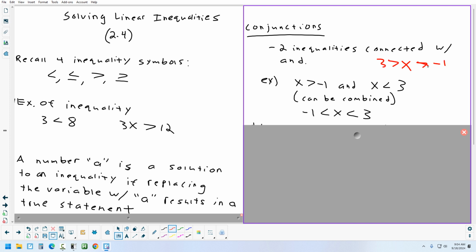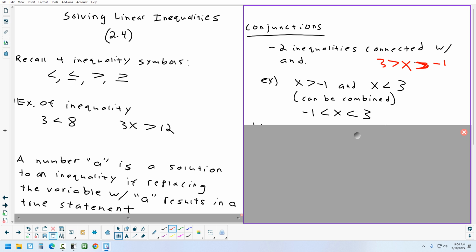Yeah, you could also set it up that way. In that case, we put the x in the middle, the bigger number on the left, and the smaller number on the right, but the inequalities are still pointing towards the smaller number.